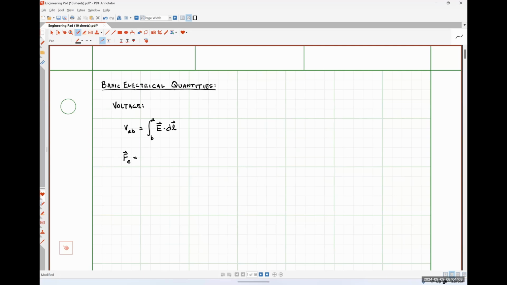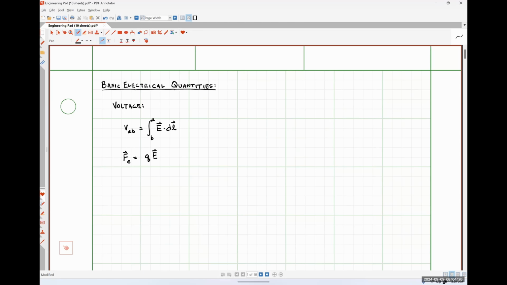And the equation for electrostatic force is pretty easy. It's nothing more than charge Q multiplied by our electric field vector.